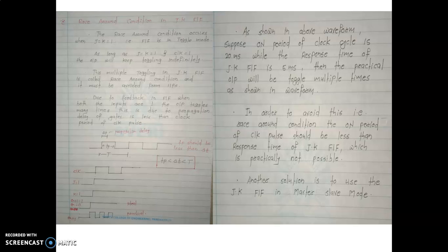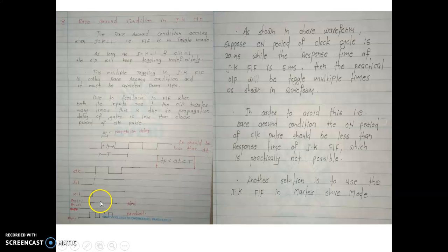So how to consider the multiple toggling? If we consider the clock pulse as an input, the clock pulse continuously changes from 1 to 0 and 0 to 1. If our input J is 1 and the value of K is also 1, then our clock pulse is too long.